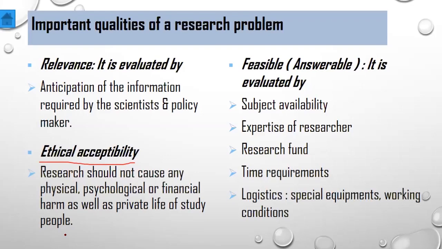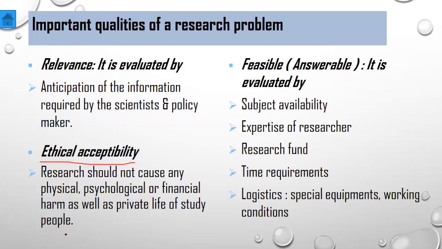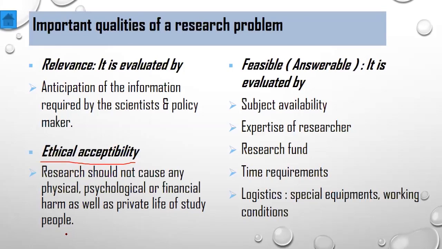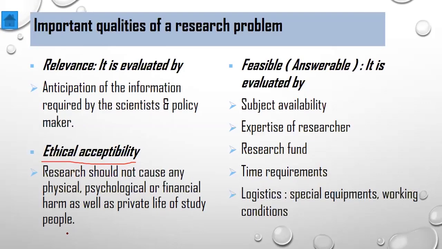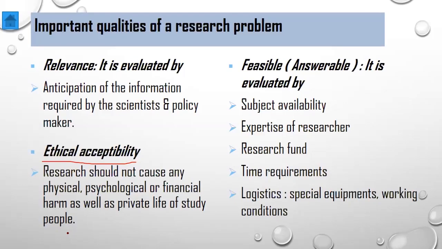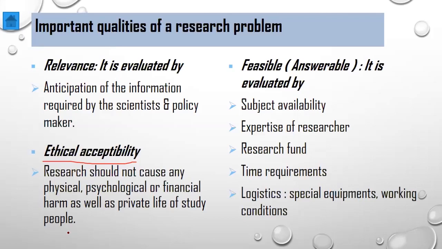All the research should be performed in such a way that no step of the research will cause any sort of harm to the study people. If it is not carefully evaluated with this ethical aspect, then that research will be invalid.